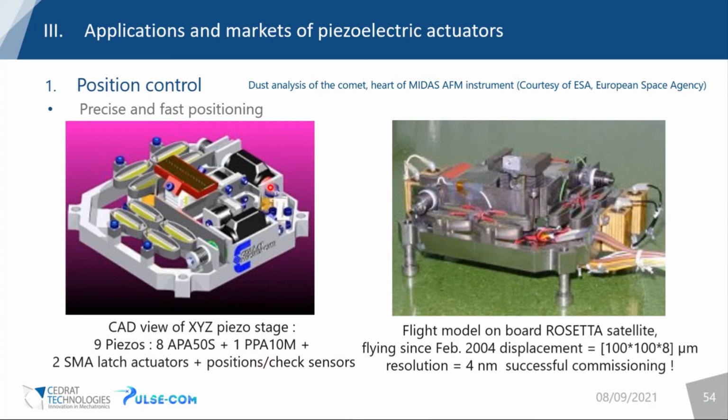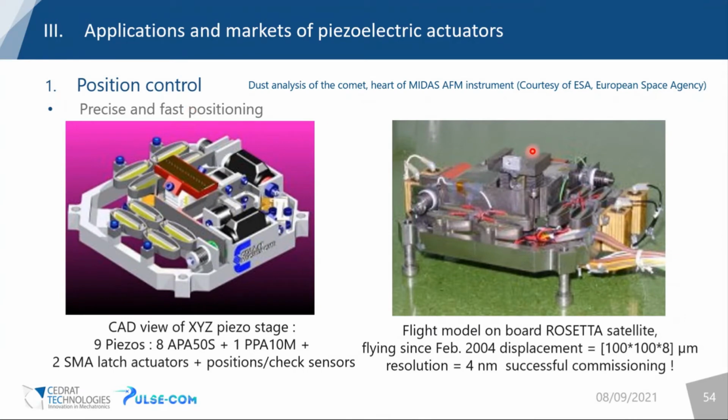So you have here a 3-axis stage. With all those APAs, you can move in the X direction. This one allows you to move in the perpendicular direction. And the last one, the PPA, is used to move in the vertical direction.